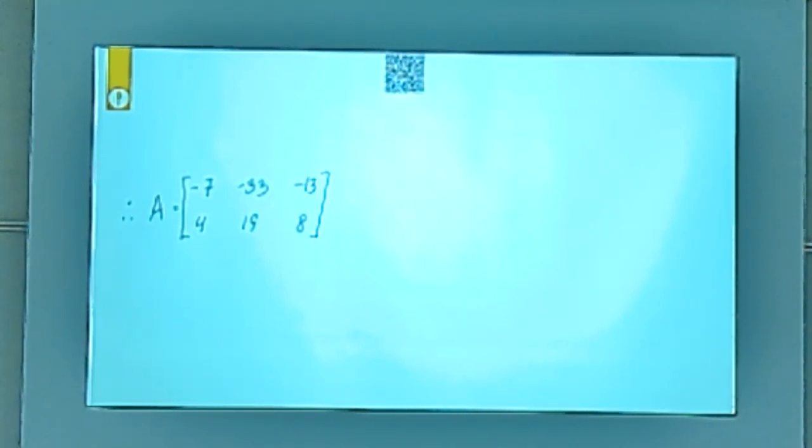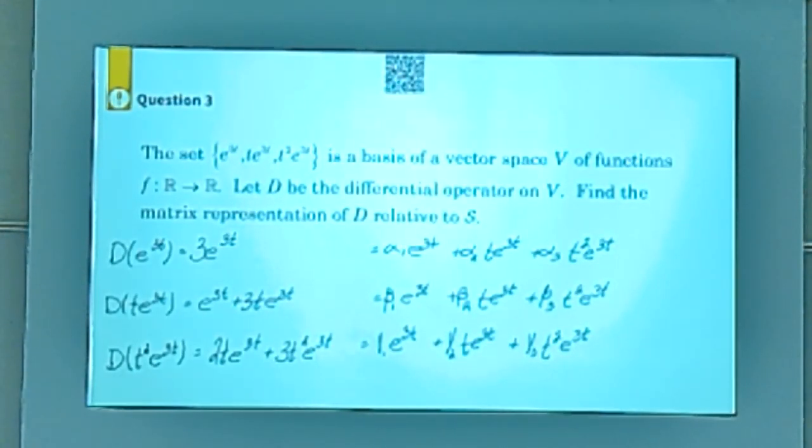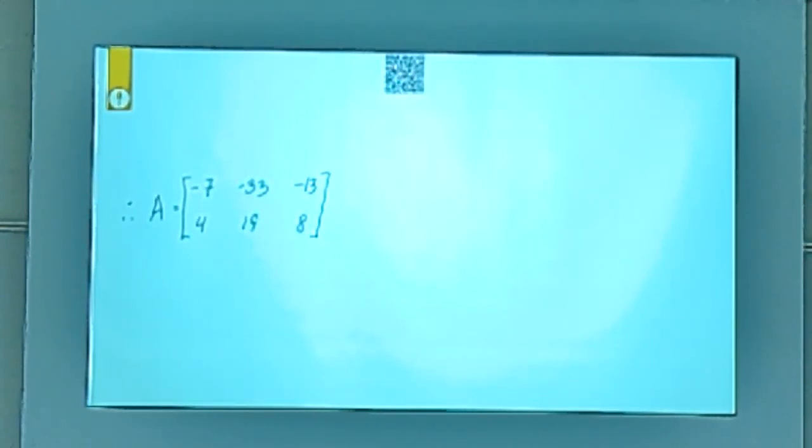The derivatives. Do we have any questions on the matrix of a transformation? Again, it's more row reducing.